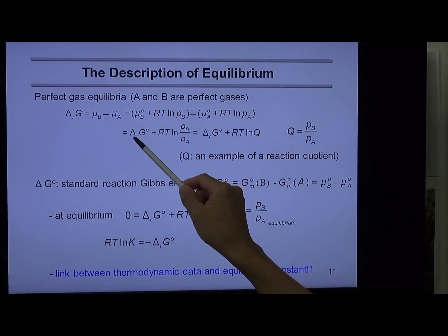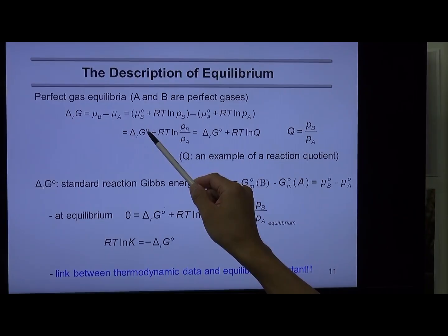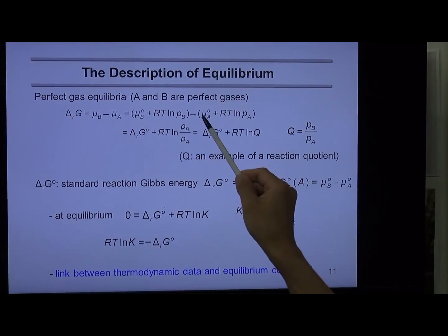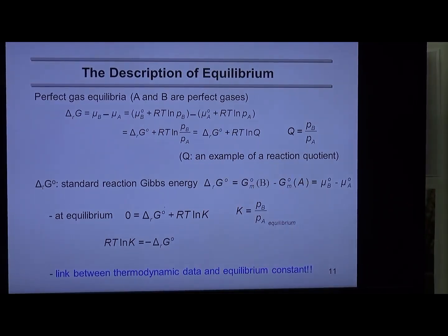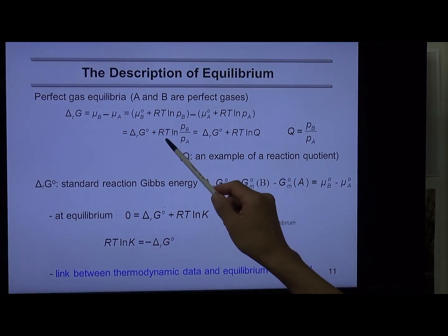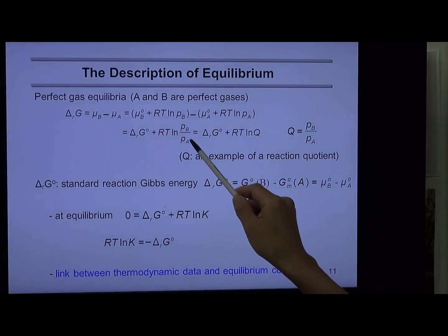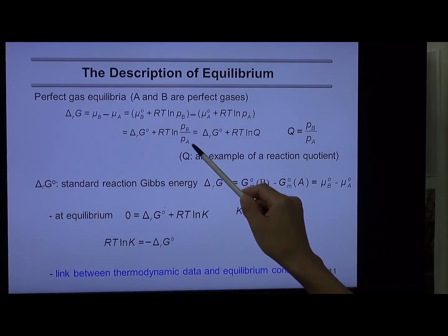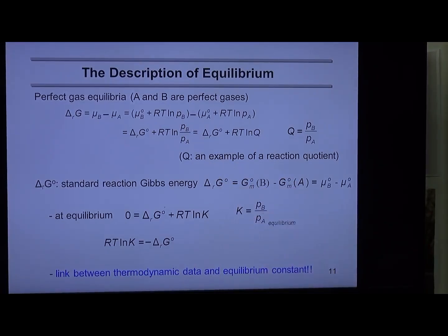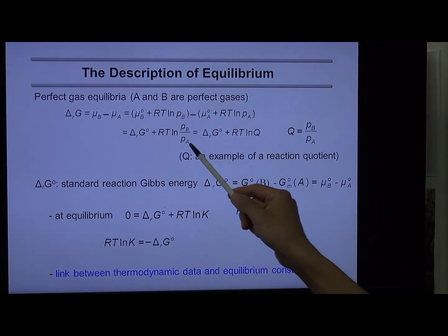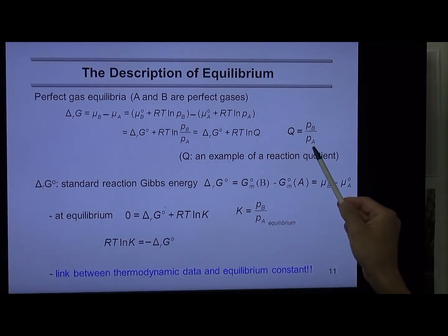Here, ΔrG° is the same as mu B° minus mu A°, right? Basically the standard reaction Gibbs energy, okay? And RT ln(PB/PA) is basically the ratio of the partial pressure of product and reactant, which can be denoted as Q here.